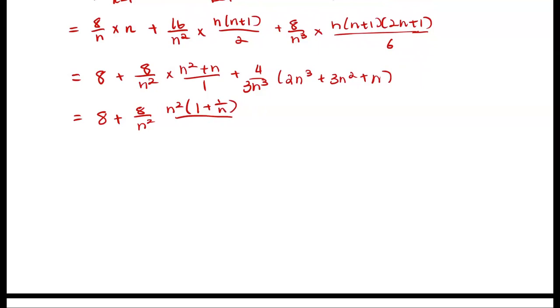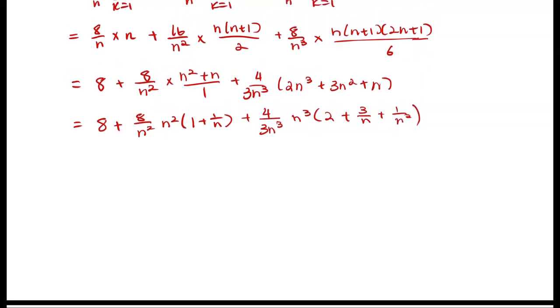Well, let's leave it like that. And same thing here. I'm going to factor out the n cubed here, so that we have 2 plus 3 divided by n plus 1 divided by n squared. Because when I do this, I could easily cancel out some terms.